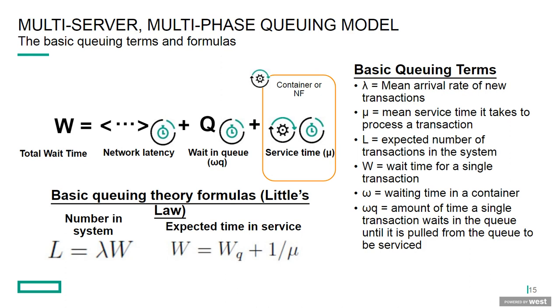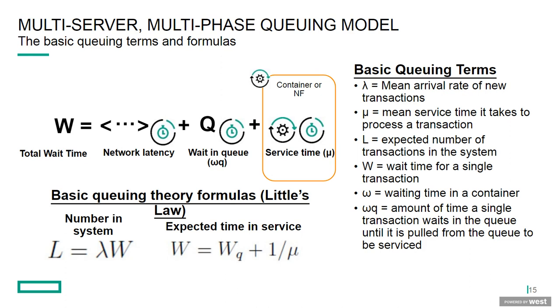These formulas can be used to model the projected total number of transactions in the system by taking the mean arrival rate times the total wait time. An expected time in service can be modeled by adding the wait and queue time to the expected service time, which is the reciprocal of the mean service time.